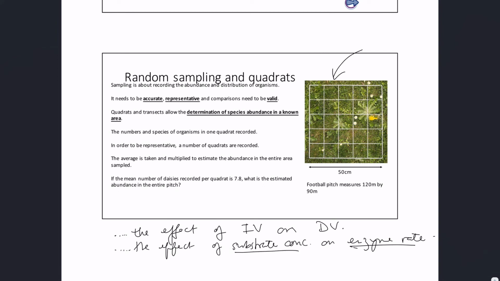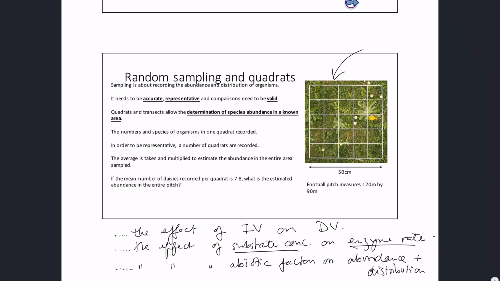And in the same way, when we do ecological sampling, we must be looking at those factors as well. But there are some differences. Okay, so in an ecological sample, we're looking at the effect of some abiotic factor on abundance and/or distribution.